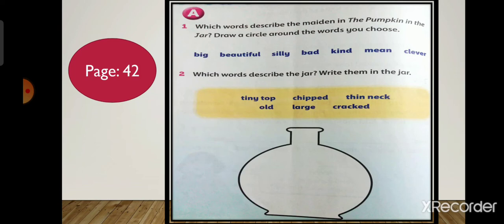Here in this jar, you will write the words which are describing this jar. Okay? Now read the word bank with me. Tiny top, chipped, thin neck, old, large, or cracked.